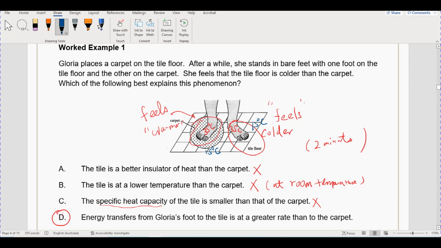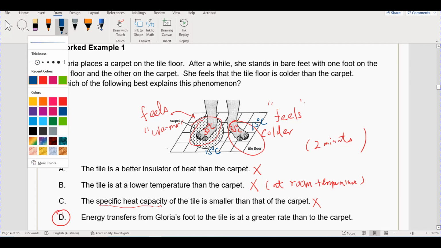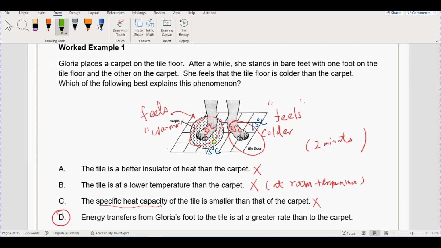And so that's a heat transfer. So the heat transfers from the feet to the carpet and to the tail. All right, but since the carpet is a better insulator than the tail, that means the carpet will absorb heat from the feet much quicker than the tail.